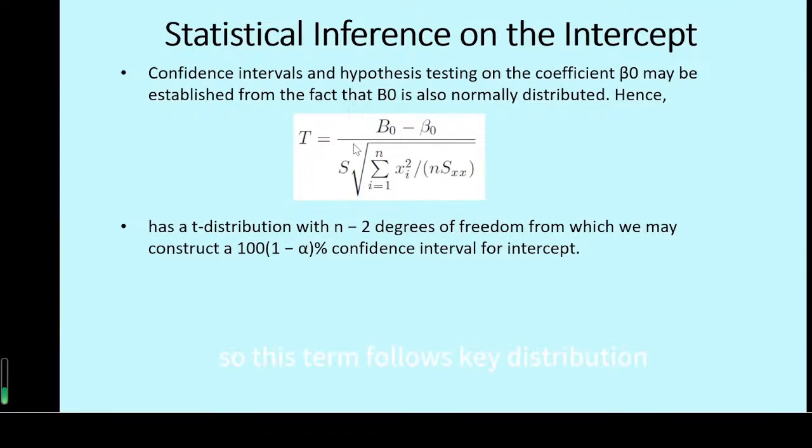So this statistic follows a t distribution with n minus 2 degrees of freedom. So we can construct a confidence interval from it.